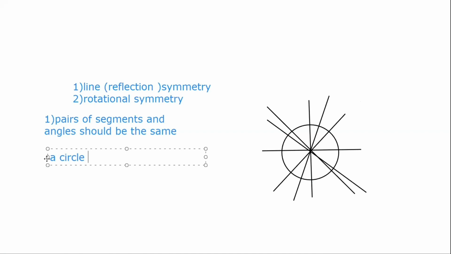A circle, this is question 2, by the way, has an infinite number of lines of symmetry, because any line you draw that is passing through its center, you know that a circle has a center, will divide your circle into 2 equal halves. So I have infinite lines. Okay? Going back to our book.